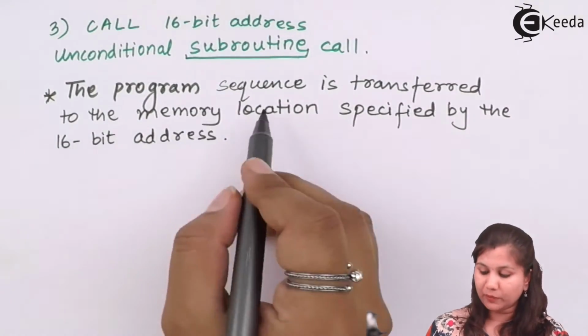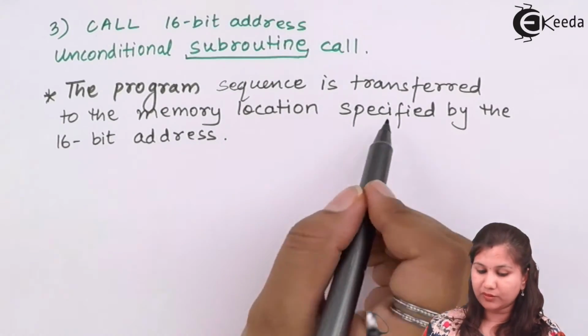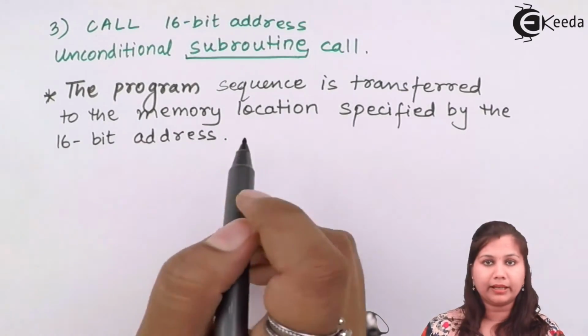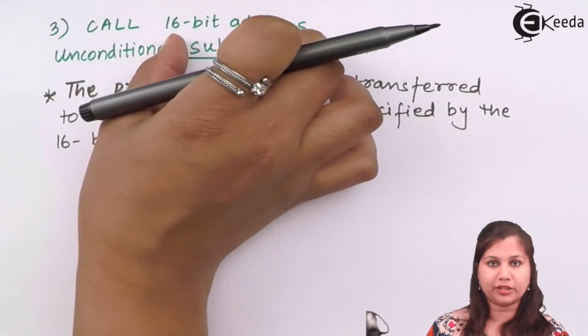So the program sequence is transferred to the memory location specified by the 16-bit address which is in the instruction itself.